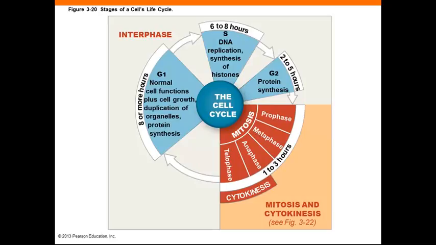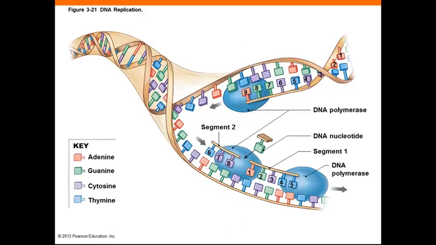So before we get into mitosis, let's take a closer look at the S phase where DNA replication occurs. In replication, the DNA strands unwind, and DNA polymerase, this special enzyme pictured here as big blue balls, begins attaching complementary DNA nucleotides along each strand.